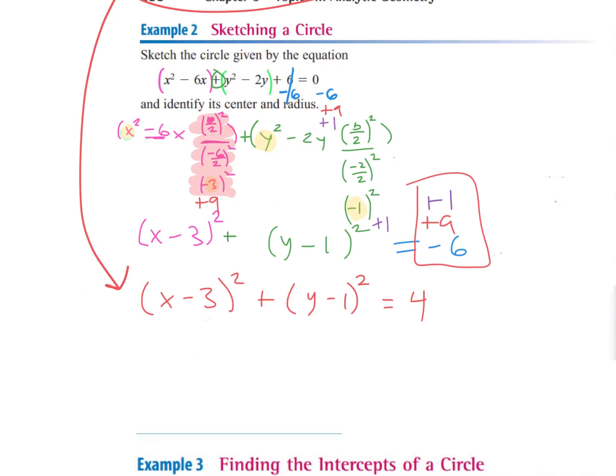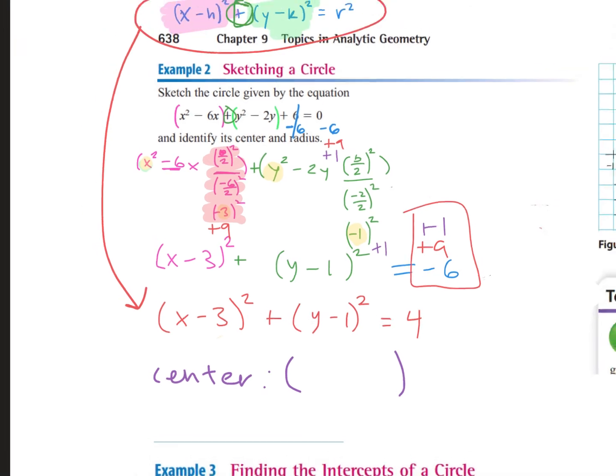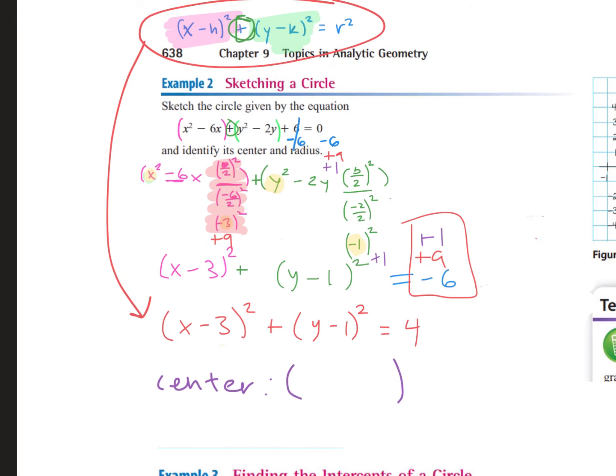So what is my center of the circle? Perfect. 3, 1. It's h and k, but we just have to flip the signs of both of them.